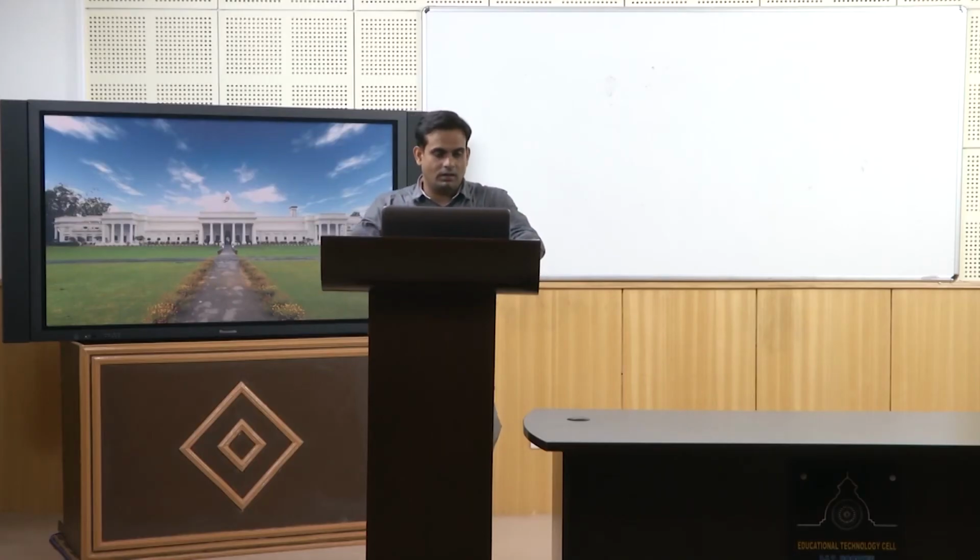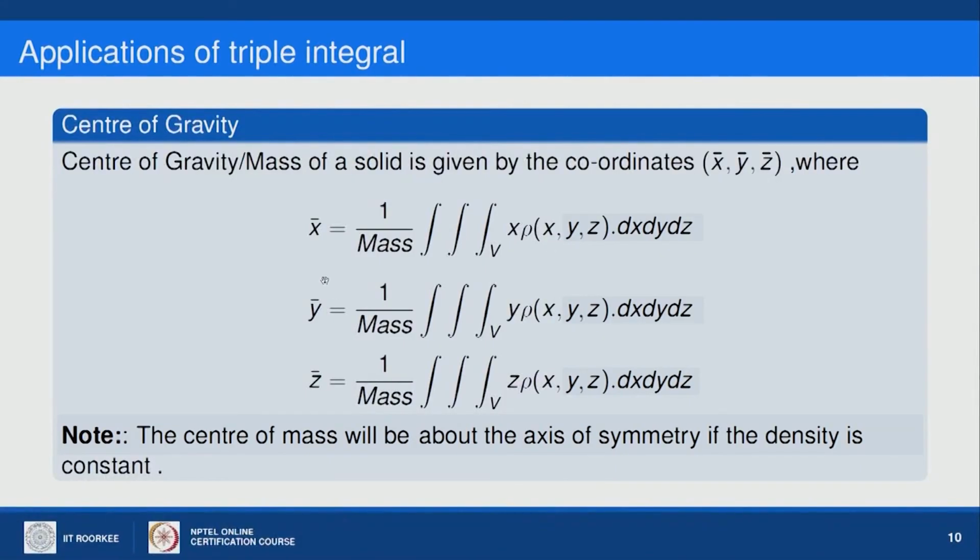Now, another application of triple integral is in terms of center of gravity or center of mass, because both are the same thing. The center of gravity of a solid is given by the coordinates x bar, y bar, z bar, where x bar is given as 1 upon mass, triple integral over the region V of x times rho(x, y) dx dy dz. Here rho(x, y) is the density.